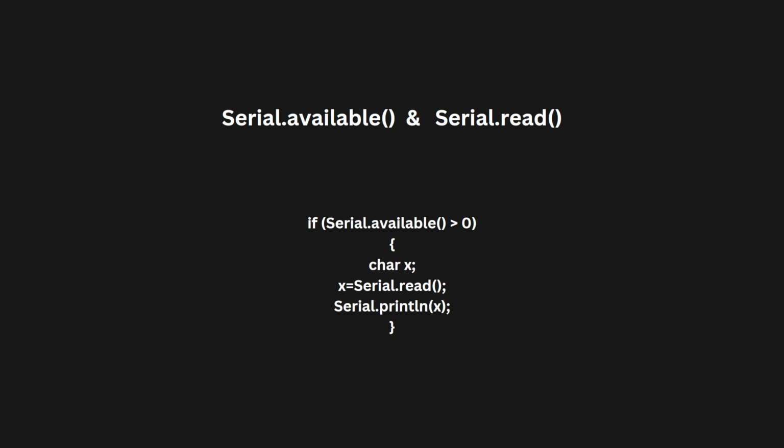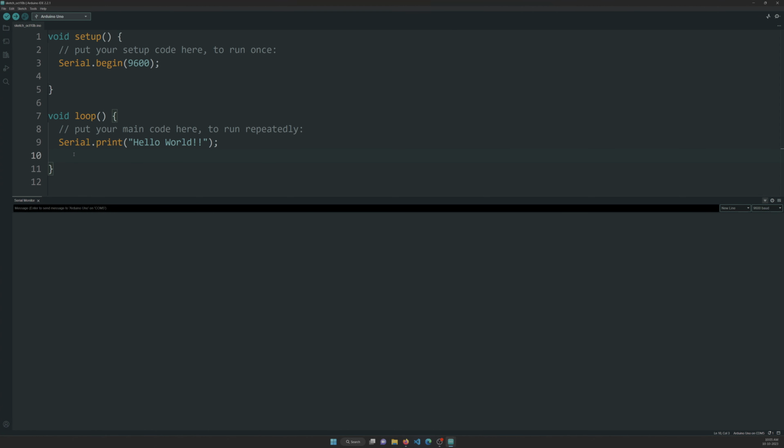So if there is available data from your side, then it will go in the code block, and it will check what that data is, and then it will print that data if you want, or you can perform different functions in that. So that is how serial available works. Okay, so let's go back to the code and start working on serial available. We'll write that code here as well.